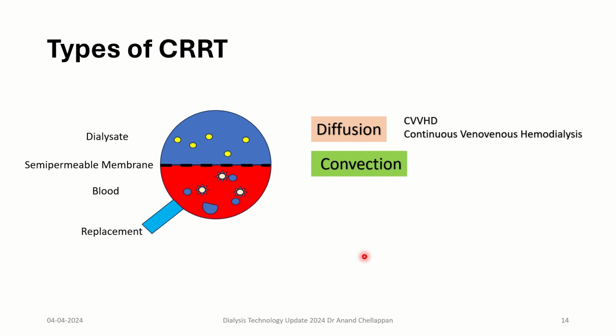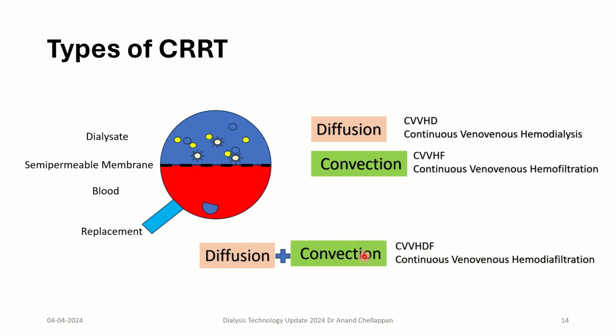When convection is the predominant mode of dialysis in CRRT, it is called continuous veno-venous hemofiltration, where there will also be some diffusive removal of small solutes and there will be removal of middle molecules as well, as we previously saw in the mechanisms.